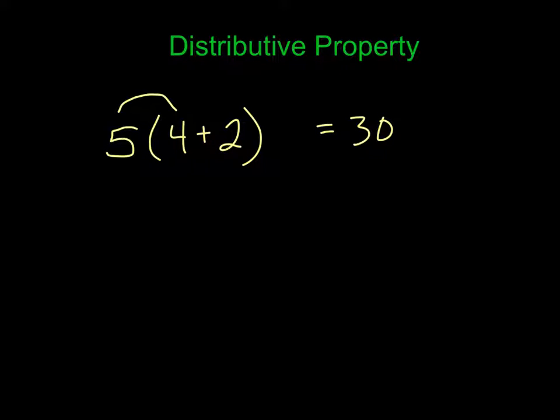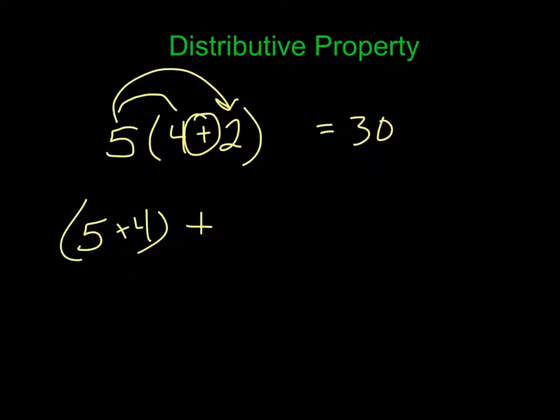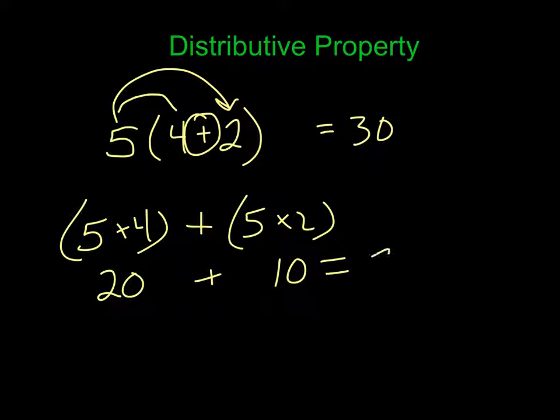I can take 5 times 4 and add that to 5 times 2. And if I do that, this is 20 and this is 10, and if I add them together, I get 30, which is the same thing I had when I did the order of operations.